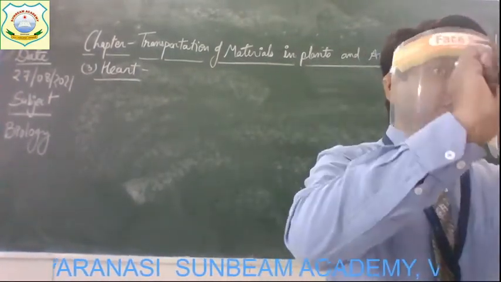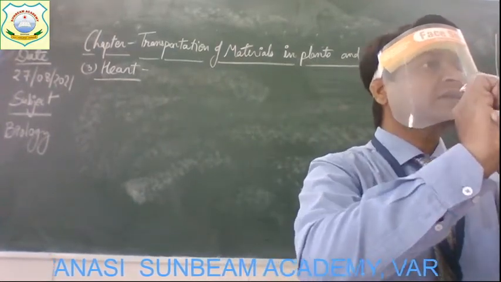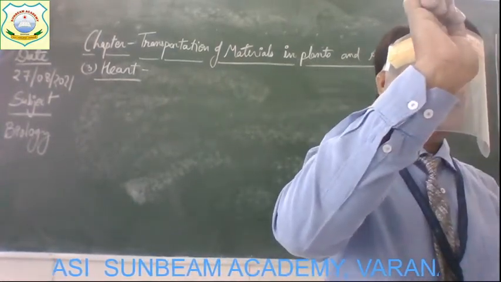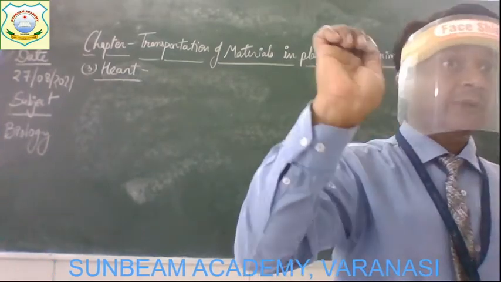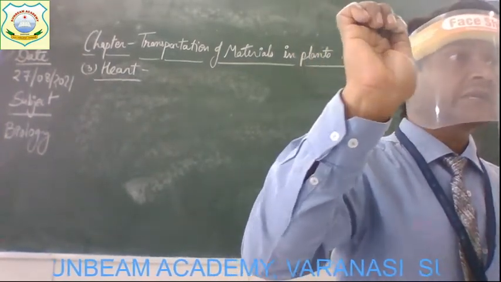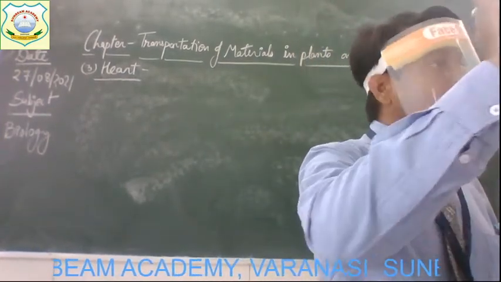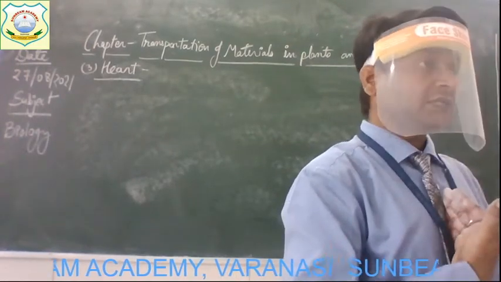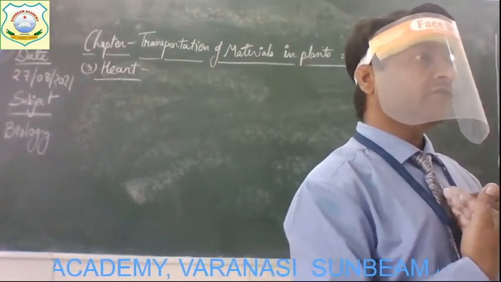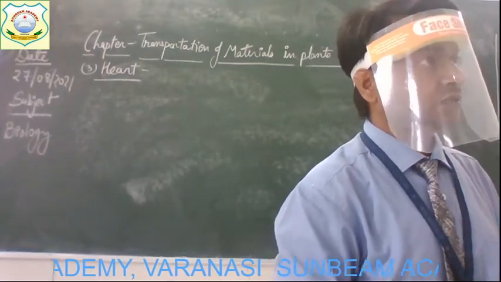Fist. This is the fist, so the size of the heart is just about this much. Clear? I'm talking about human beings. So we have the heart of about this size, situated just a little left from the center of our chest.